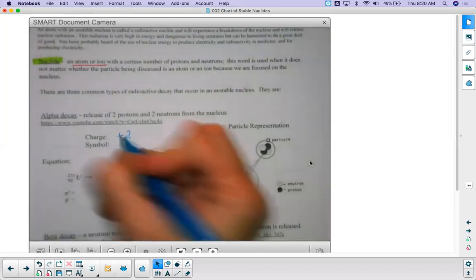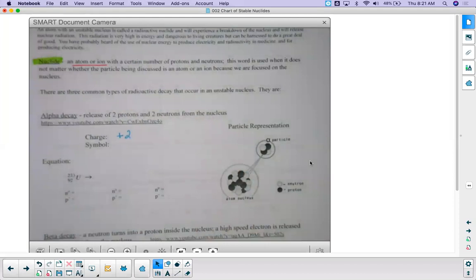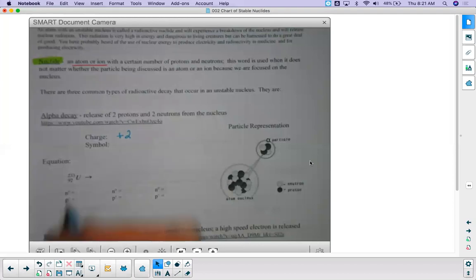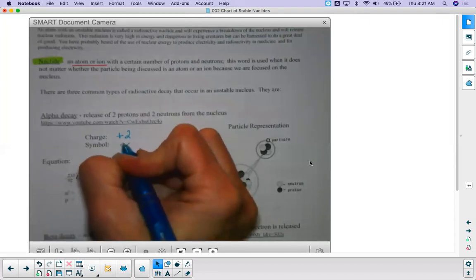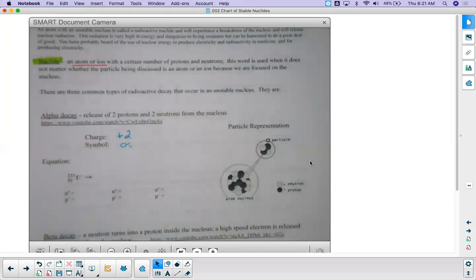the particle that gets emitted from the nucleus has a positive 2 charge because it's got the two protons, but it doesn't take any electrons to go with it. There are a number of symbols that get used for alpha decay. You're going to see all of them. There's the Greek letter alpha. It's kind of like a fish swimming to the left.